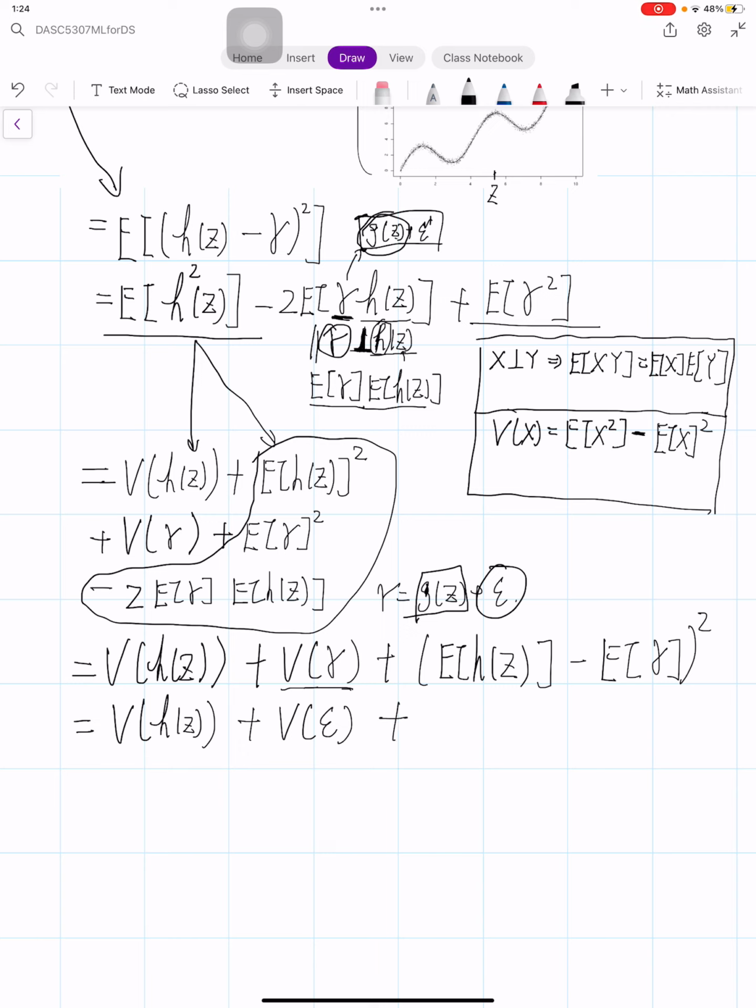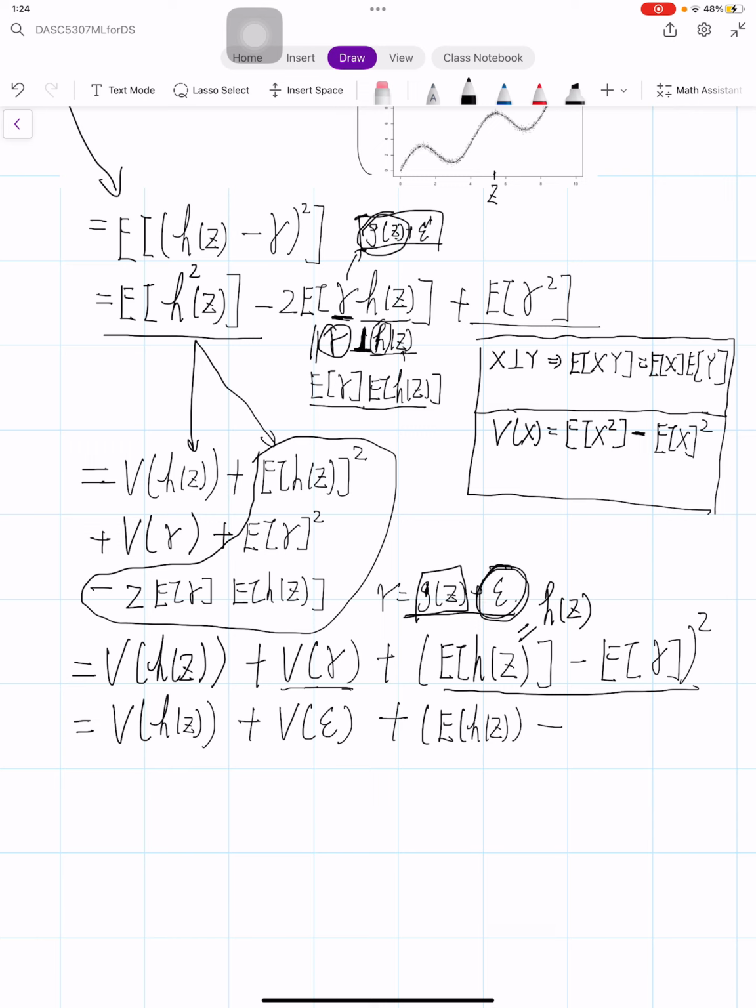And plus, so what's this term? This term equals the expected value of h(z) minus the expected value of gamma.